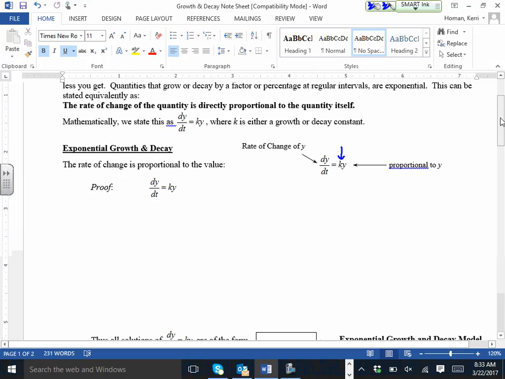Okay, do you guys remember direct proportional problems? Directly proportional problems you did way back in like algebra, maybe even pre-algebra, and then again in algebra 2. And it basically followed, if y is directly proportional to x, then we did this.